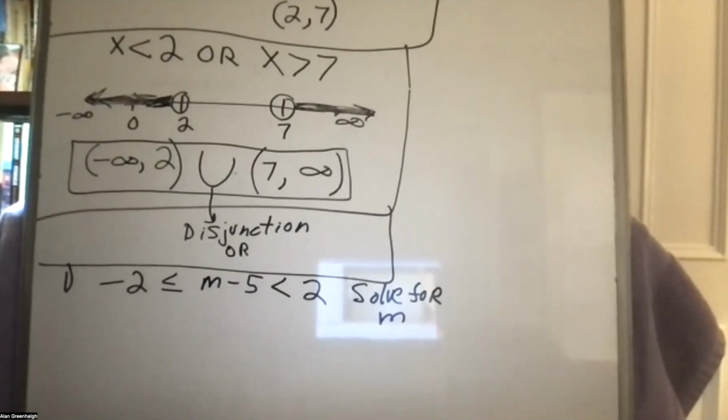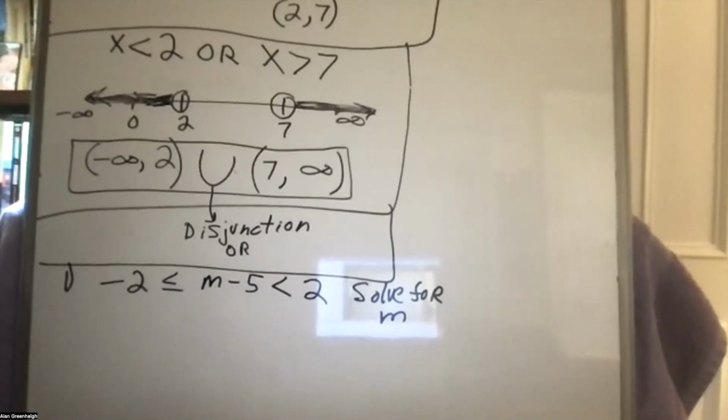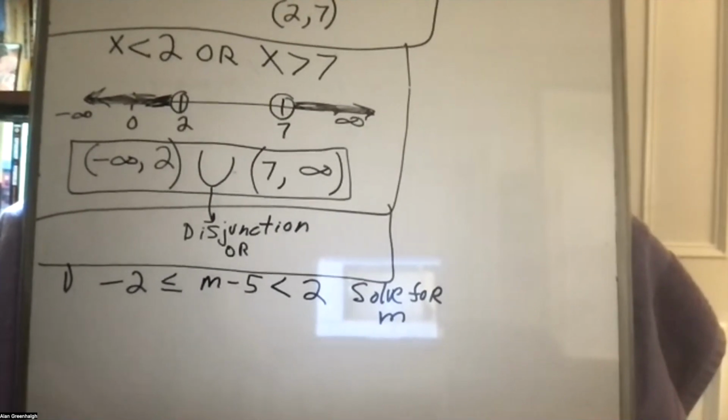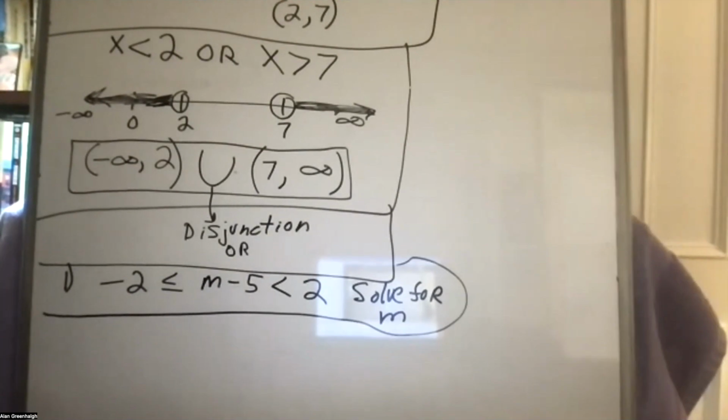I'm not sure you're gonna have much success with this. I shouldn't say that, but there's two ways of solving this problem. So you could solve this problem in two parts.